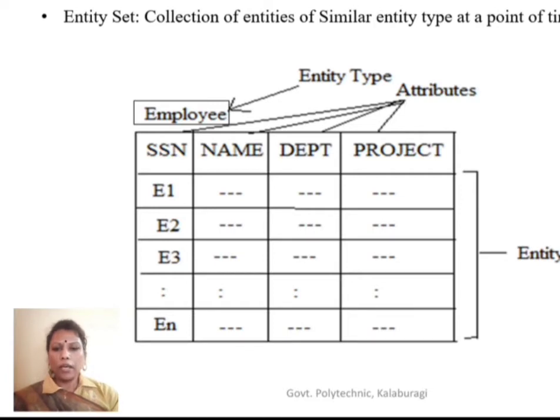That means employee 3 also has SSN, name, department, project. Employee 2 also has SSN, name, department, project. So here all the employee entities have the same set of attributes, right? So that is nothing but a collection of similar entities.